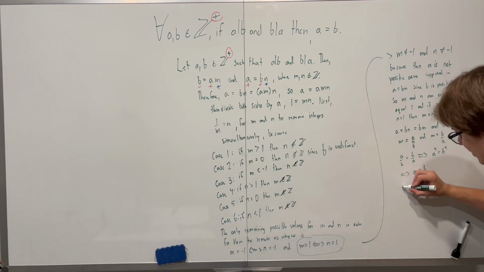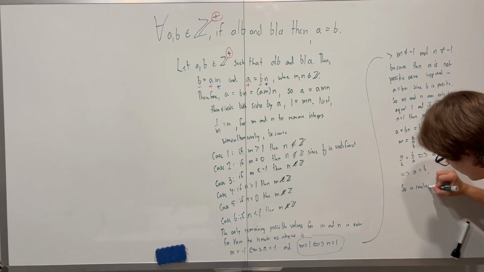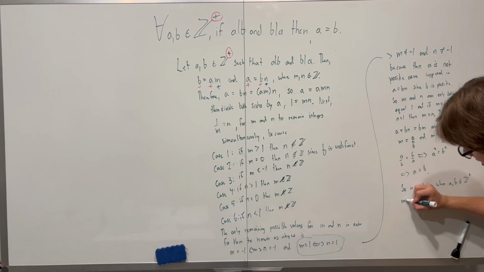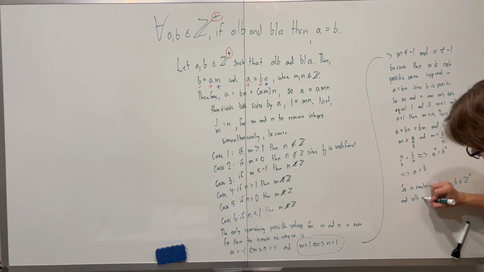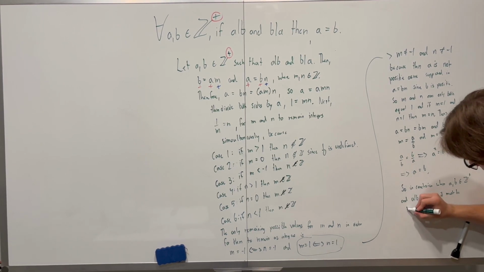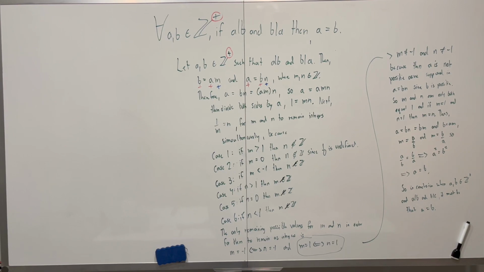Okay, so we can just say, in conclusion, when a, b are positive integers and a divides b and b divides a, it must be that a is equal to b.